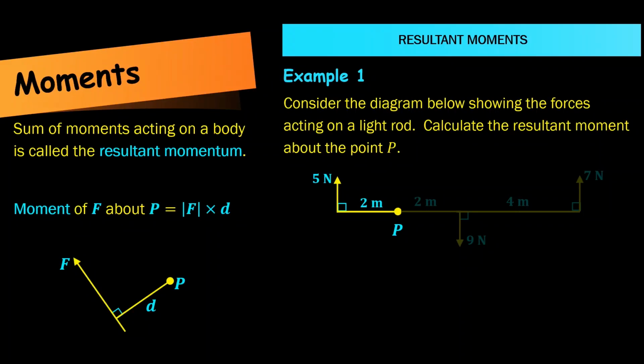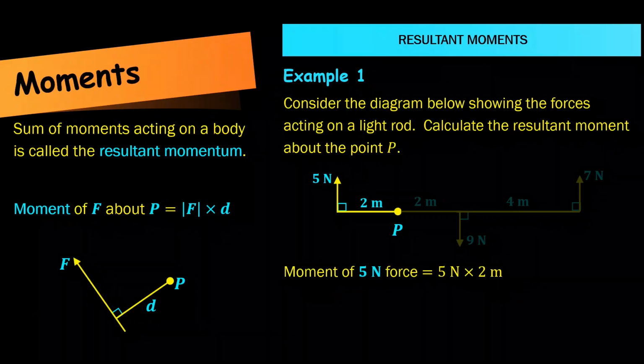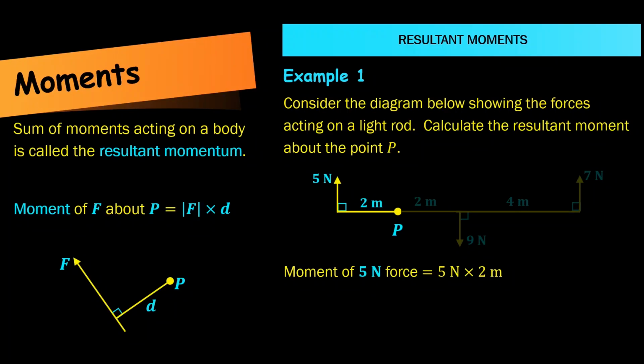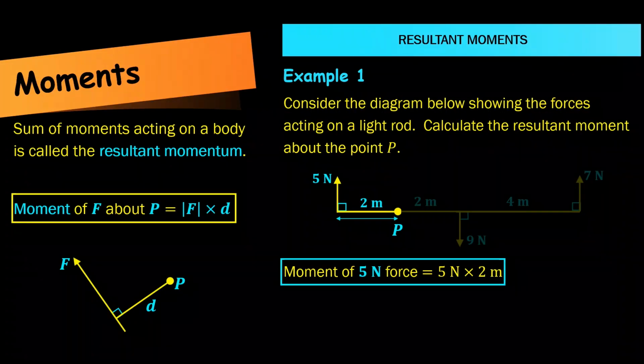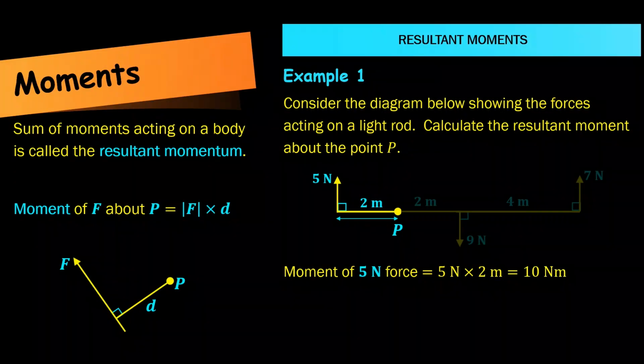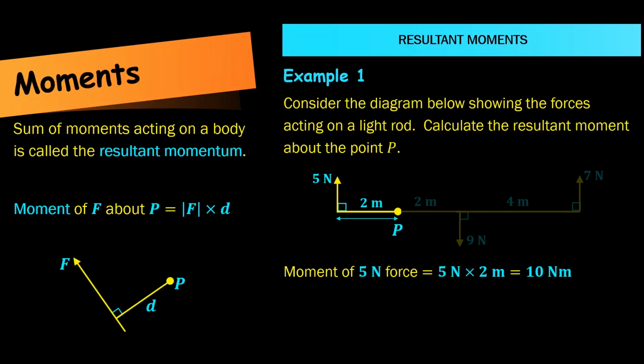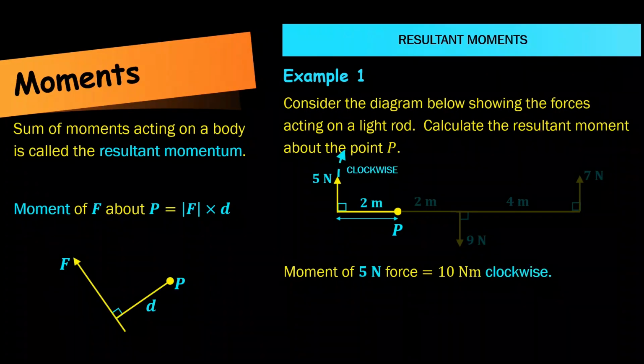Beginning with the 5 Newton force, the moment of the 5 Newton force equals 5 newtons times 2 meters, which is the perpendicular distance of the force from the point P. This equals 10 Newton meters, acting clockwise.